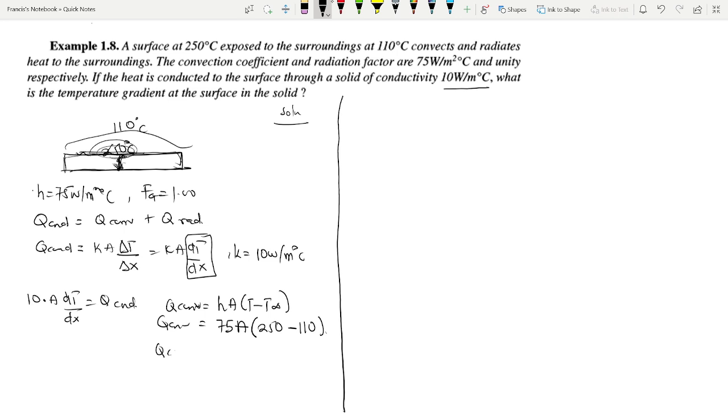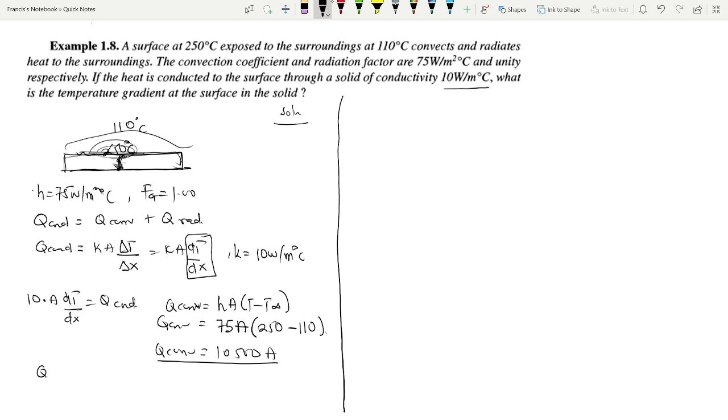Now we get our heat of convection to be 75 multiplying 250 minus 110. That gives us 10500 times the area. Now this becomes our heat of convection.